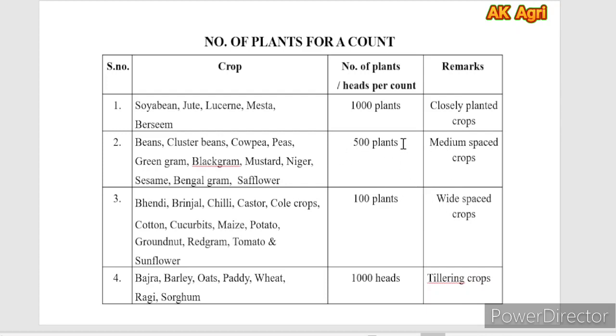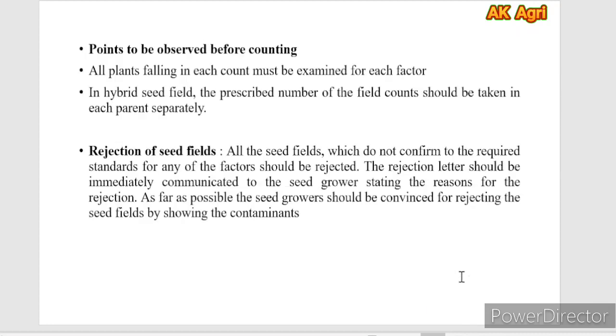So if one count is taken by the field inspector in a medium spaced crop, he has to count a minimum of 500 plants in one count. In case of wider spaced crops, it is 100 plants. In tillering plants, it is 1000 heads. So he has to consider the minimum number of plants in each count for the differently spaced crops.